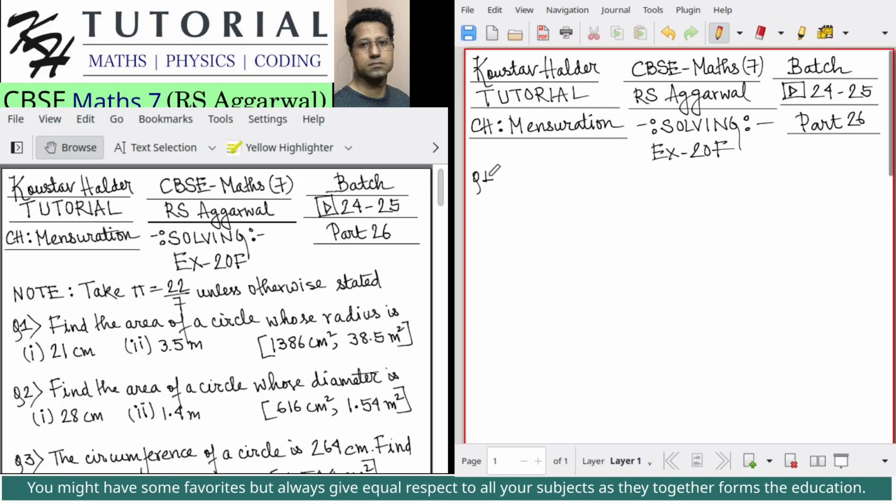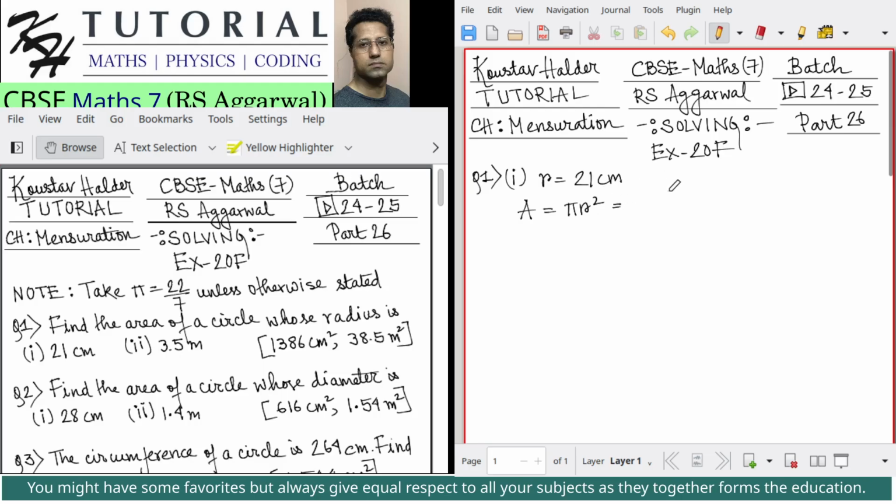So question number 1 says: find the area of a circle whose radius is. There are two parts. In the first part, the radius r is given to be 21 centimeter, and we have to find the area. We know the area of a circle is pi r square.